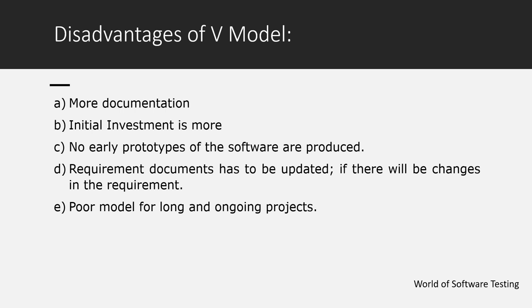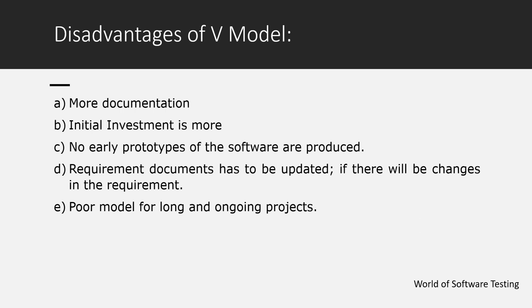Then let's discuss some of the disadvantages of the V model. So again, similar to the waterfall model, we have more documentation in case of V model as well. The initial investment is more, as all the people need to be hired earlier, because the testing will start right from the start.